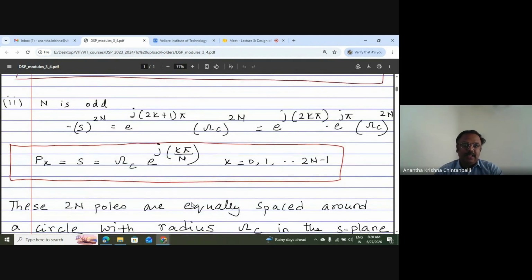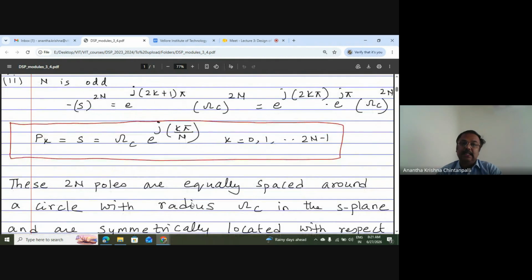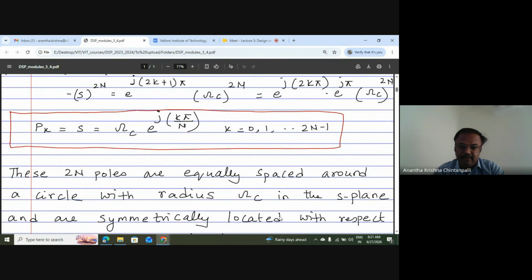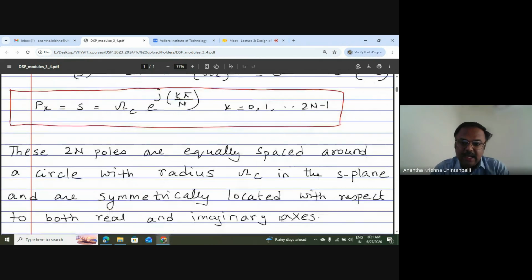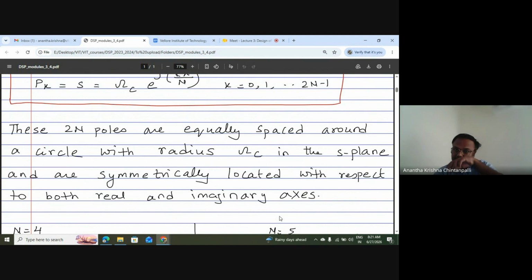Okay, so these 2n poles, both for n even and odd, are equally spaced around a circle with the radius of omega c in the s plane and are symmetrically located with respect to both real and imaginary axis. This is a very, very important point when we talk about the location of the poles in your S plane for Butterworth low pass filter.